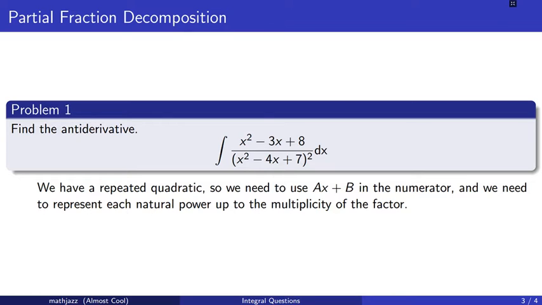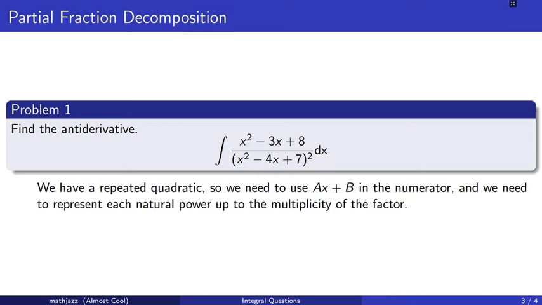So since this thing is squared, we need one fraction where our factor is to the first power and one fraction where this factor is to the second power.